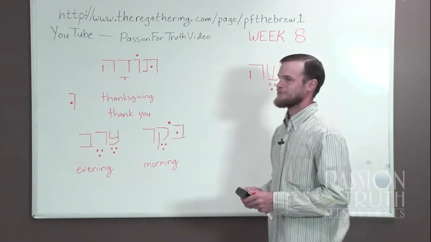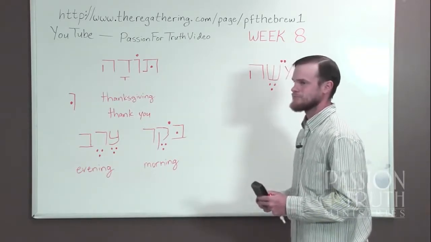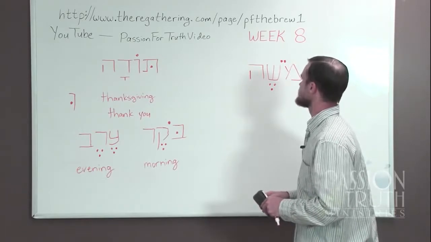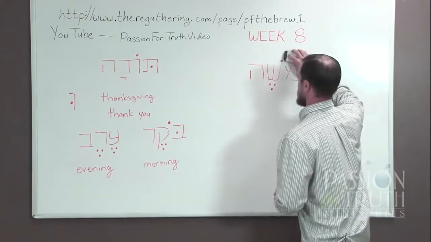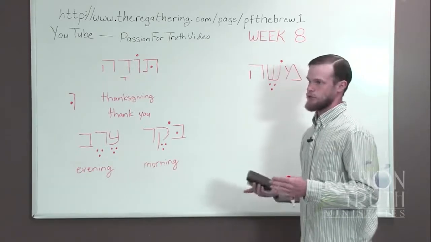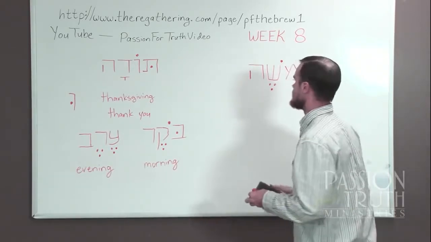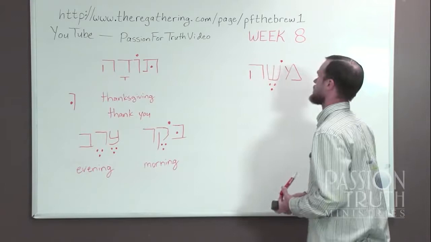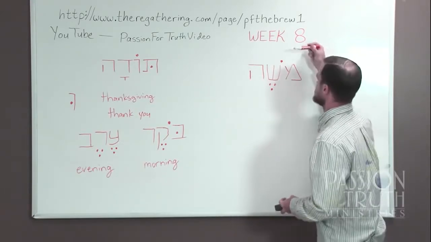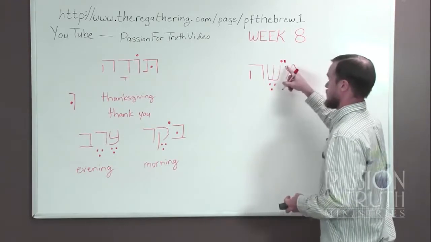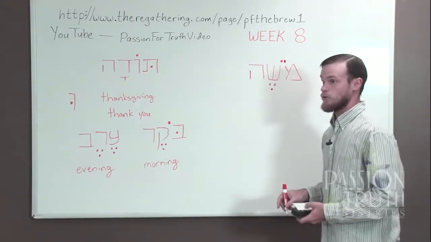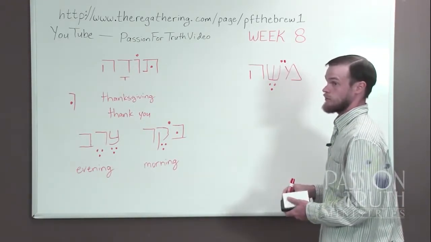In the Bible, where it's got the vowel points, then it would have just the one. If you were lacking all the vowel points, you would still see the dot differentiating the sheen from the seen. But if you're including the vowels, this is how you should write this. You should have your cholam, and then you should have your dot over the sheen, telling you that it's a sheen.